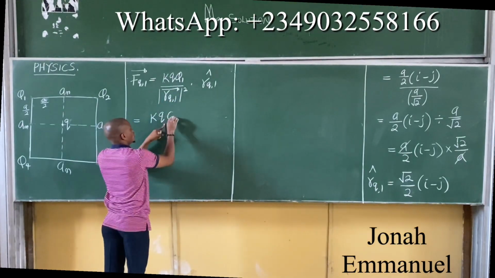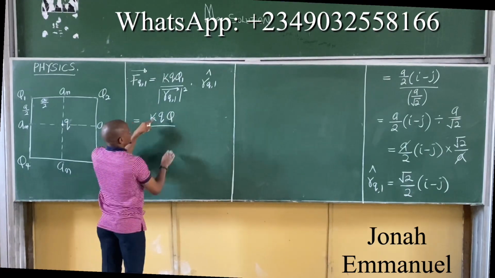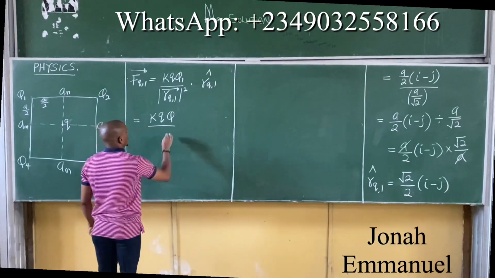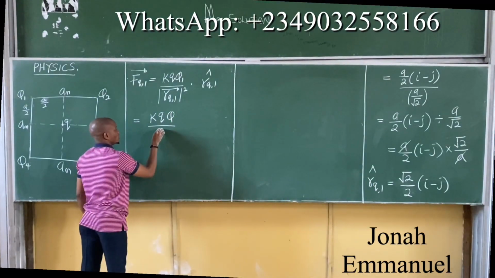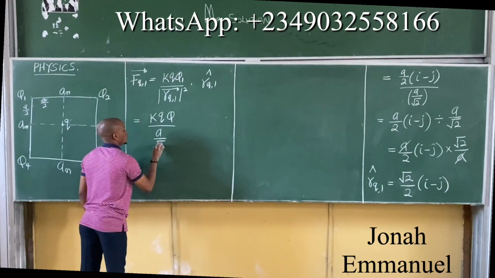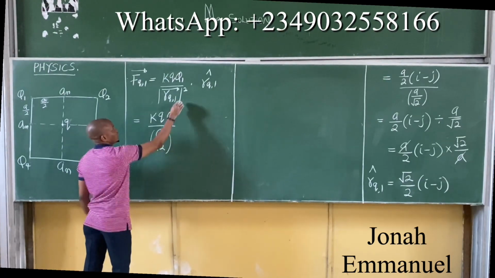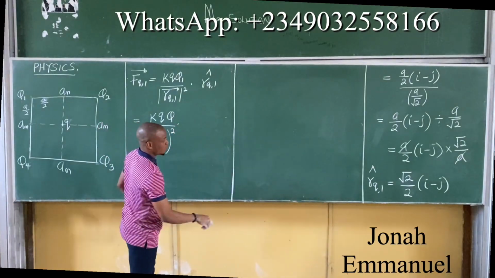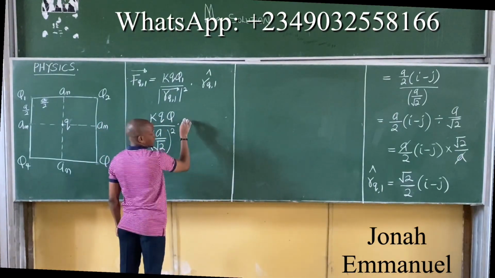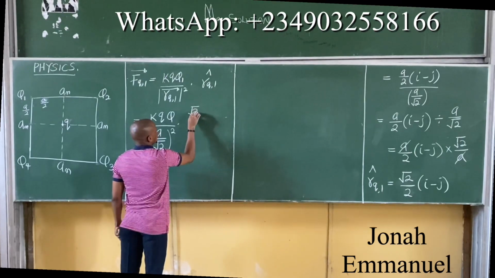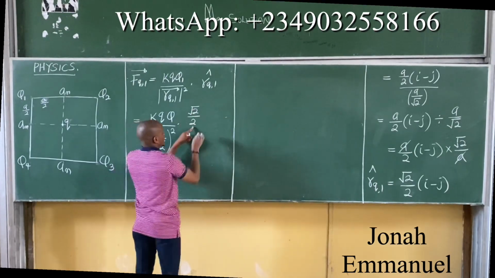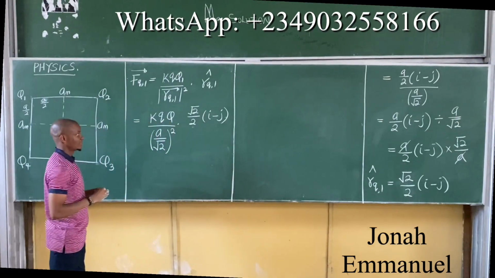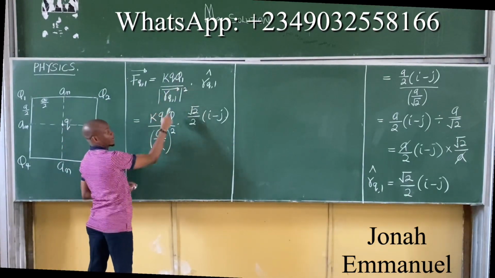Yeah, so this becomes Q. All over, check. What was the magnitude again? A over root 2. It becomes A all over root 2 as your magnitude, all squared, dot the unit vector, which is root 2 all over 2 into I minus j.